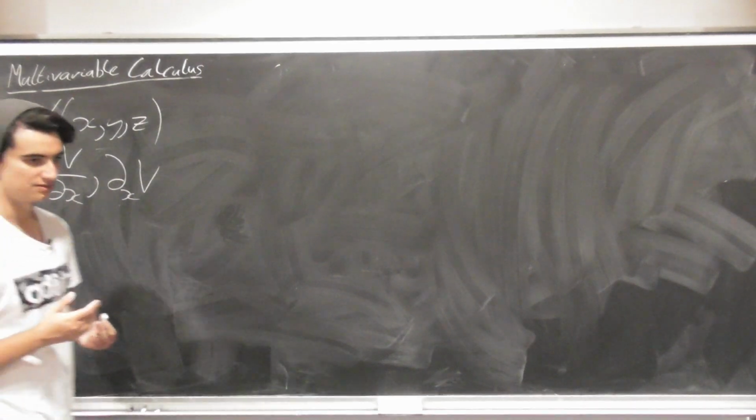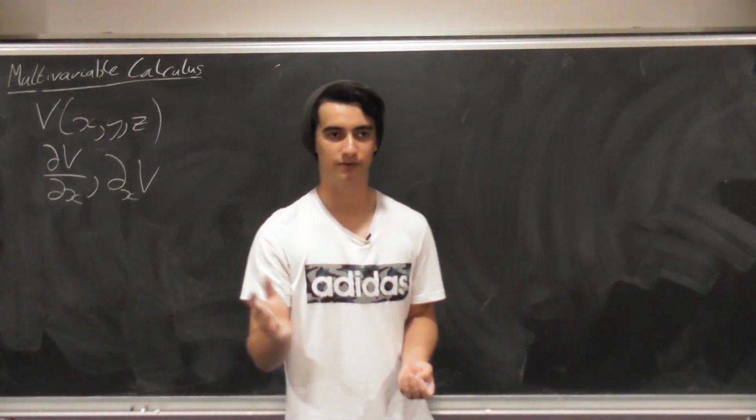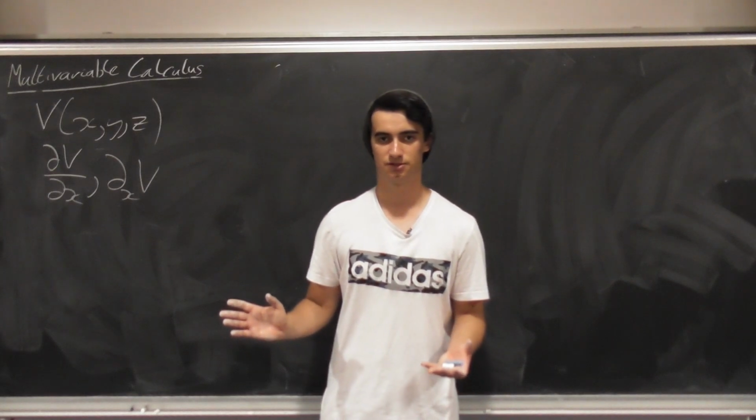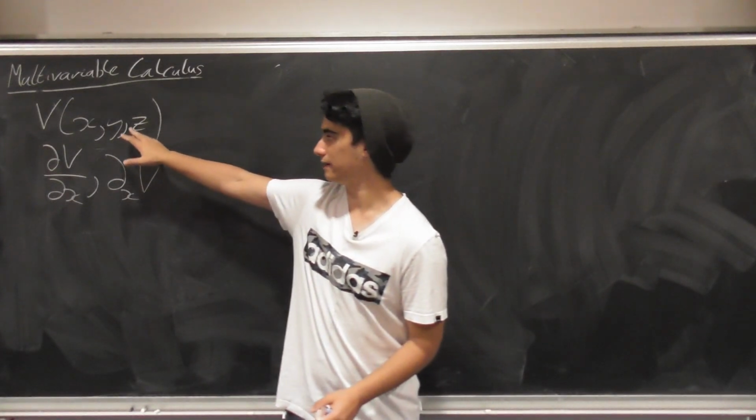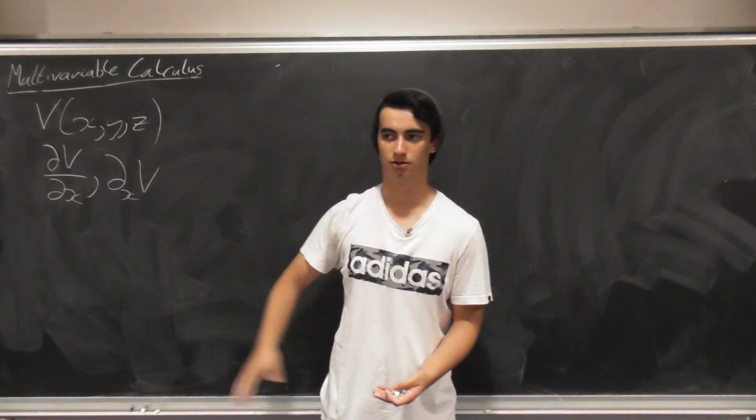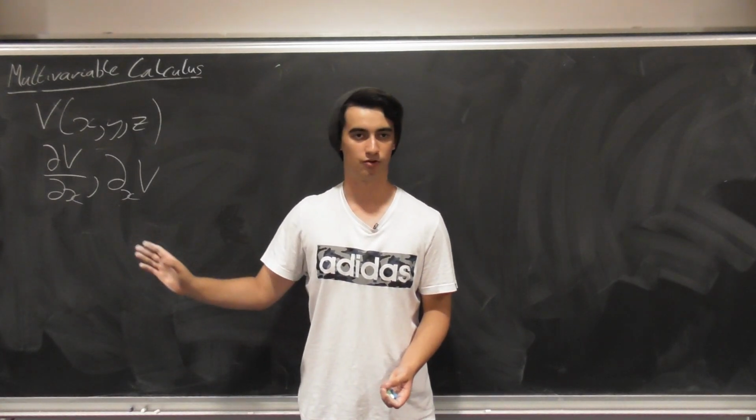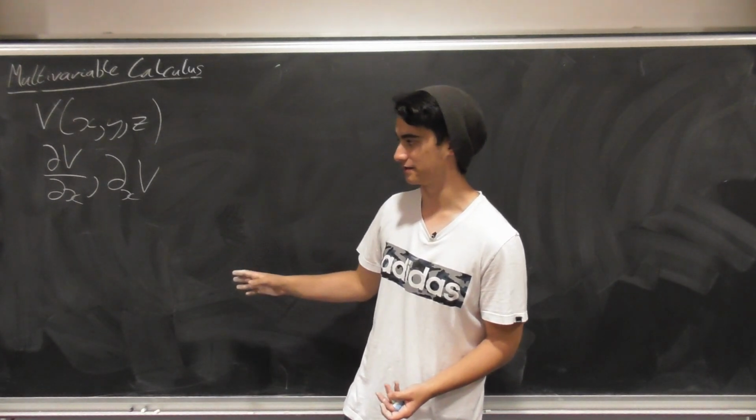So what this means is we're going to vary x and keep everything else stationary. y and z we'll treat as constants. They might as well be constant. We don't care about them. We only care about what x is.